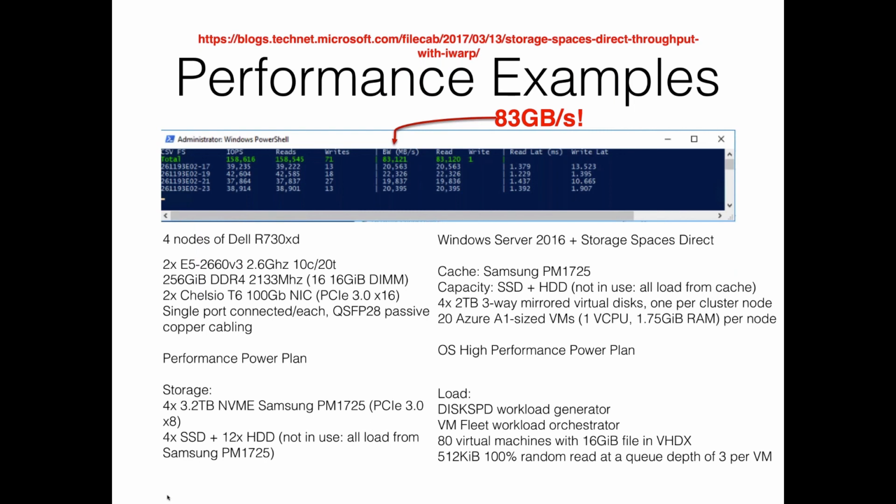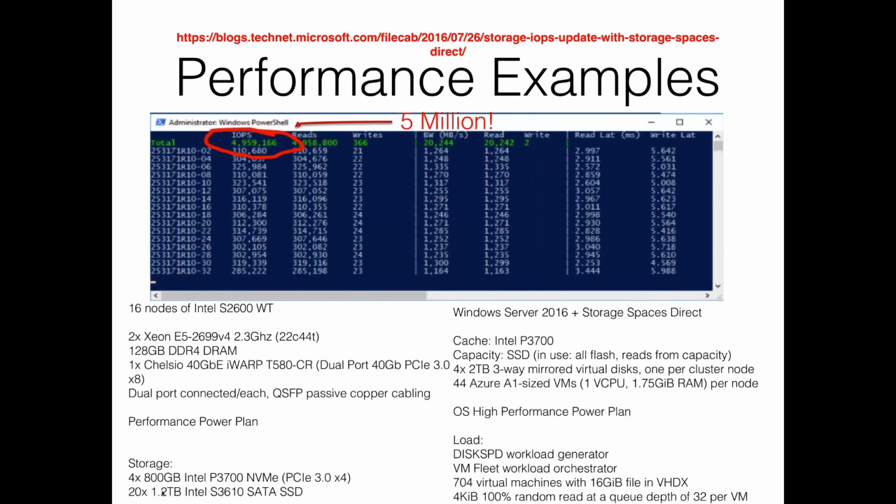Particularly happy about this. The second result that I want to share is a very high scale one. So this is now 16 nodes of Intel's S2600WT chassis. These are their OEM white box systems.